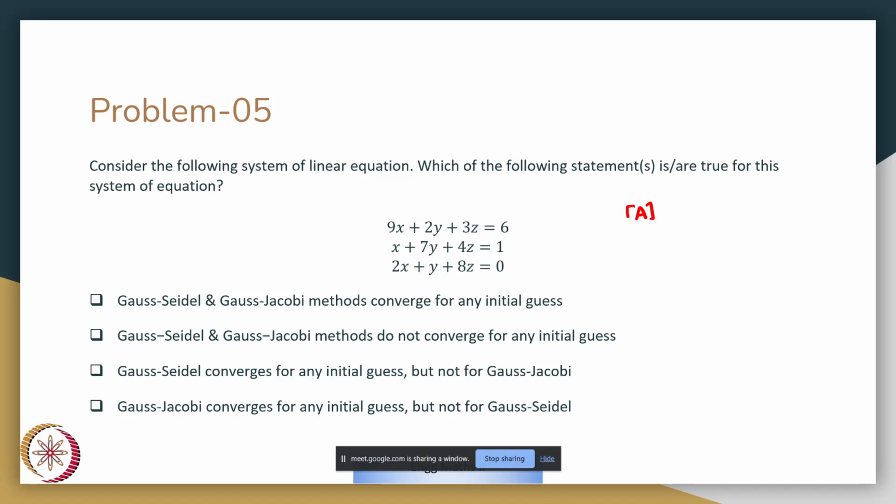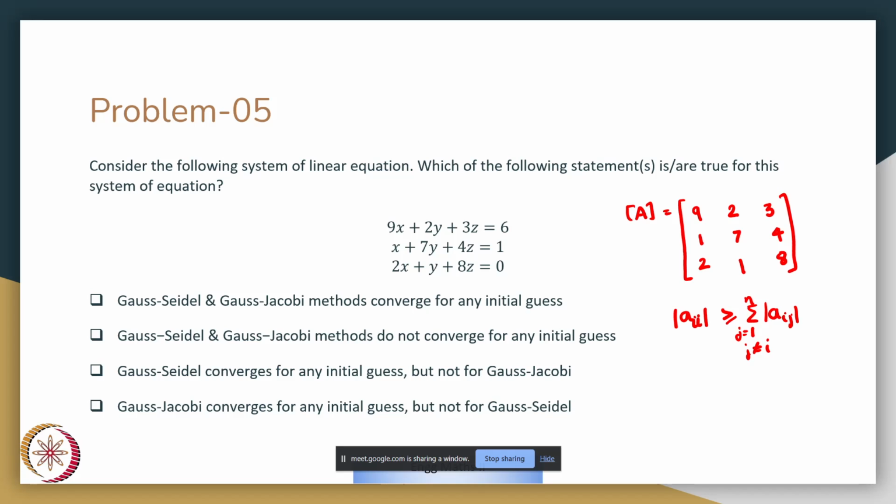So we'll look at the coefficient matrix. It looks like 9, 1, 2, 2, 7, 1, 3, 4, 8. If you remember from the class, the definition of a diagonally dominant matrix by rows is that the absolute value of Aii should be greater or equal to the summation of absolute values of Aij, where j is summed over 1 to n and j is not equal to i.